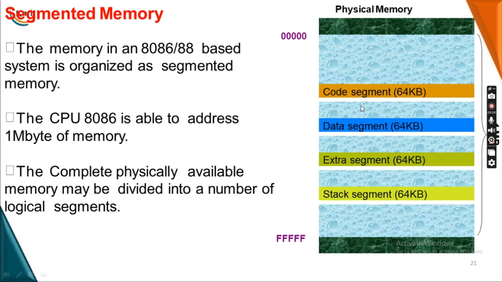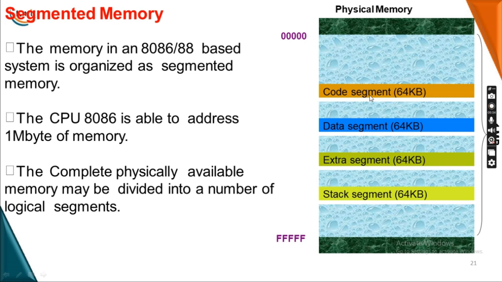So the first thing is the code segment. What does this code segment consist of in the memory? Code is nothing but program. So in this segment, the program will be stored, the instructions will be stored.